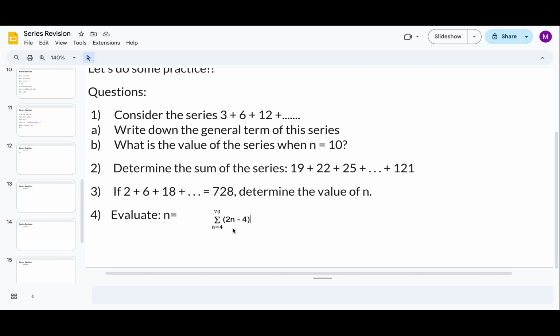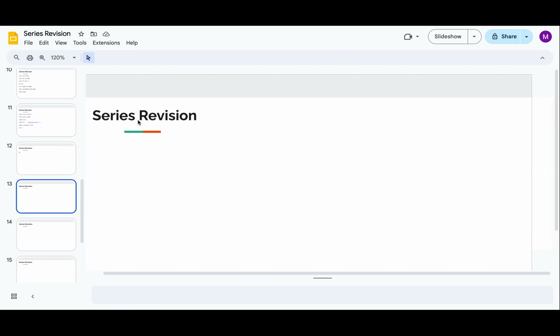So they want us to work out what the sum of the sigma notation they've given here is. Remember, I said in the beginning that sigma notation is another way of saying the sum of some sequences or the sum of some terms that they have given us. Let's go through question 4.